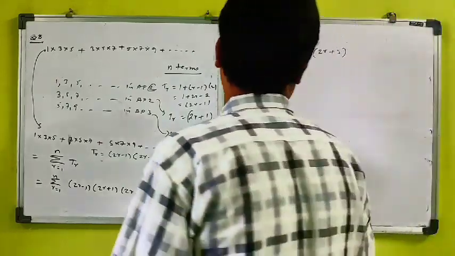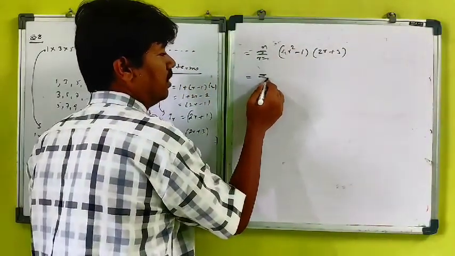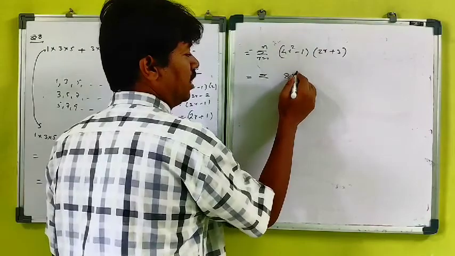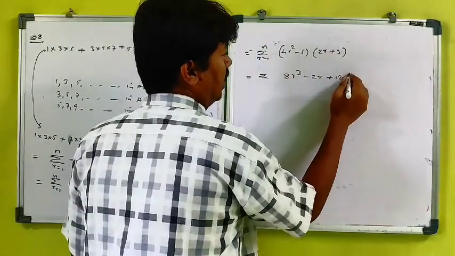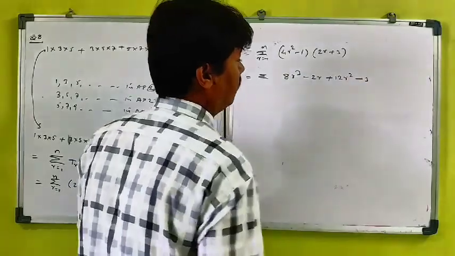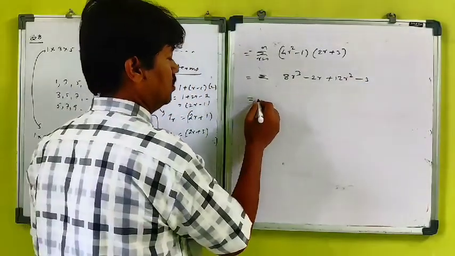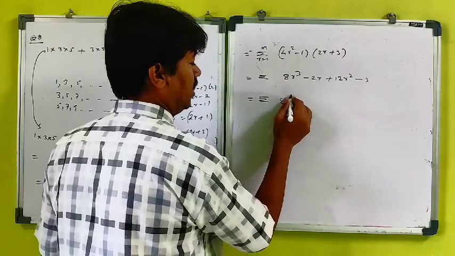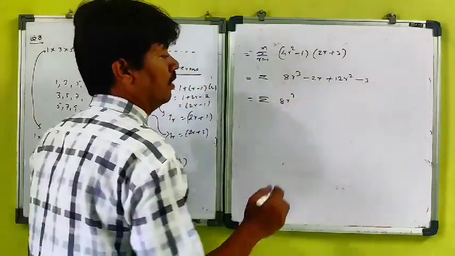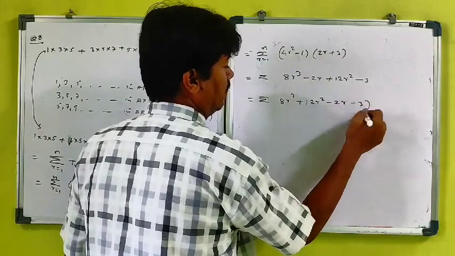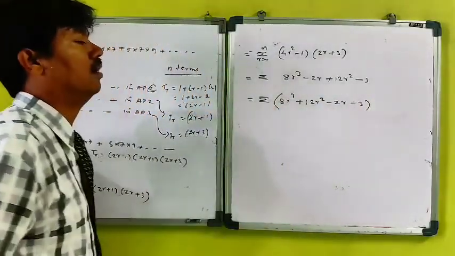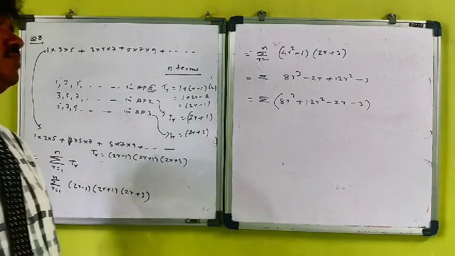Then again multiplying here, it is sigma of 8r cube plus 12r square minus 2r minus 3.